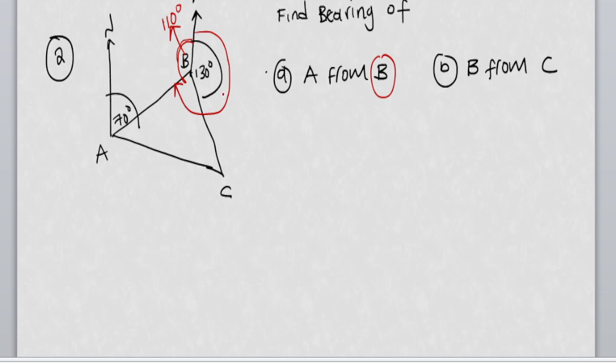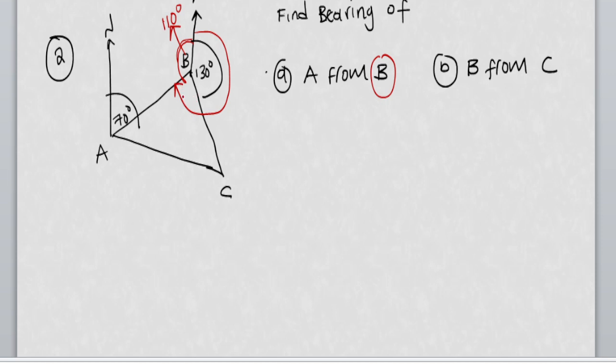Then I know if I complete the circle, it will be equal to 360. What is 110 plus 130? That one will be 240.